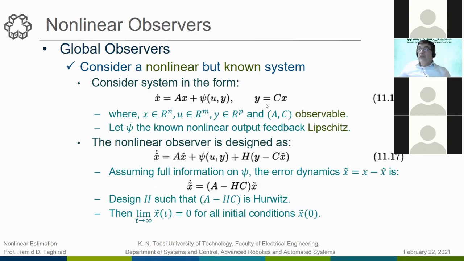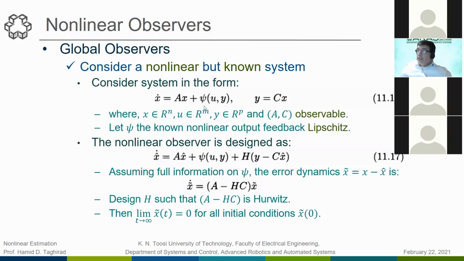Furthermore, we consider psi a completely known, not uncertain, nonlinear output feedback, which is Lipschitz. Lipschitz means that the two norm of the incremental psi is always bounded.